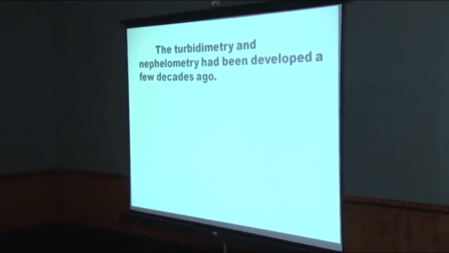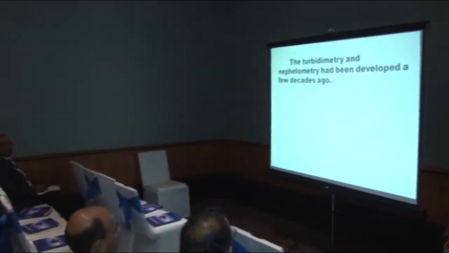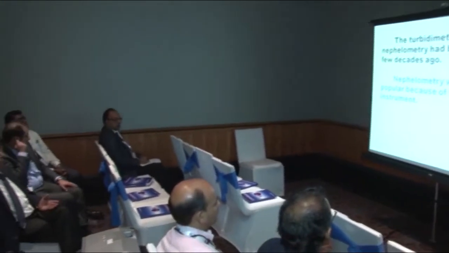Turbidimetry and nephelometry were developed many decades back, such as 20 or 30, 40 years back, machines were available. Nephelometry was not very popular because of the cost of the instrument. A very good instrument needs 20, 30 lakhs of rupees, and therefore only high-end, A-class laboratories could afford that. Turbidimetry was not very popular because of lack of sensitivity, because the lower concentrations could not be quantitated.